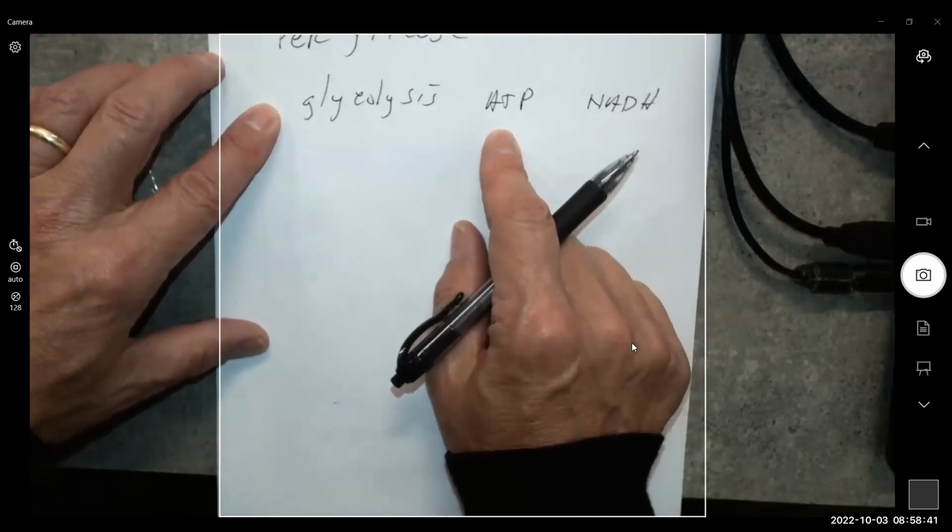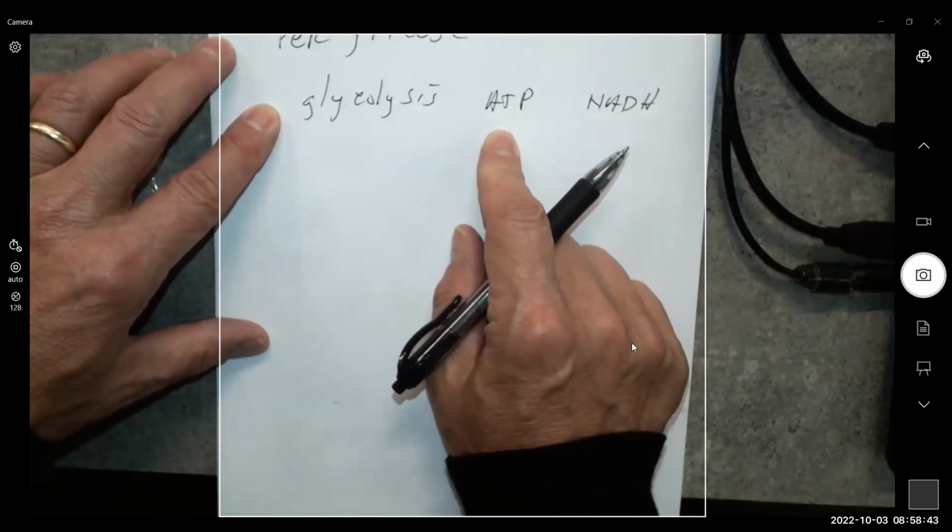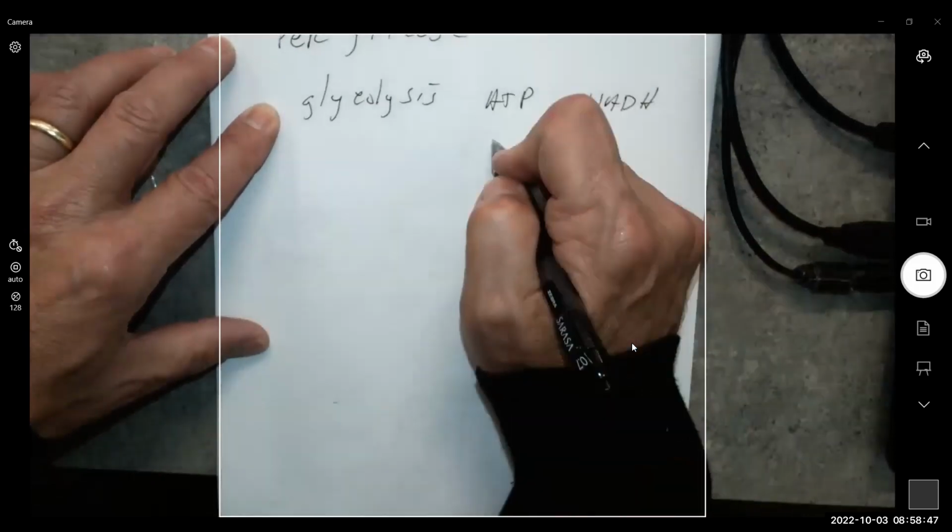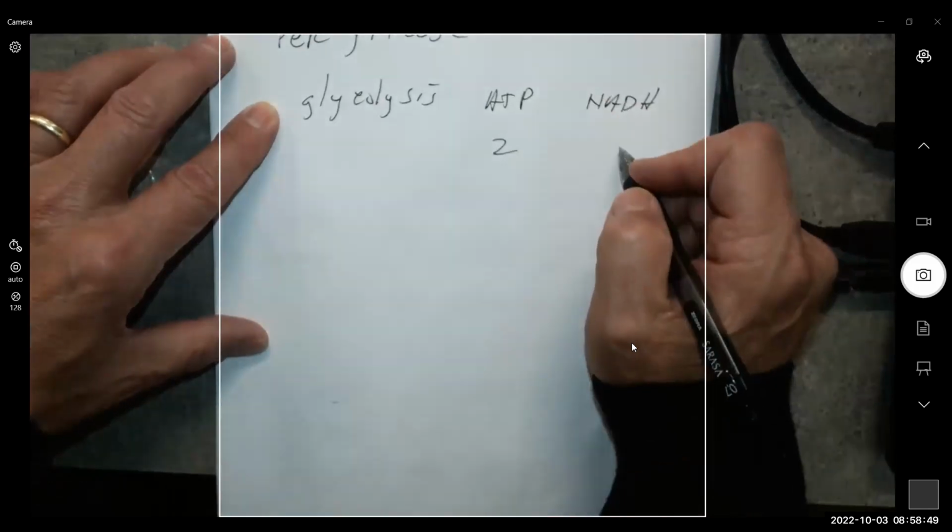How many do you make? 4 minus 2, or 2. And how many NADHs do you make?